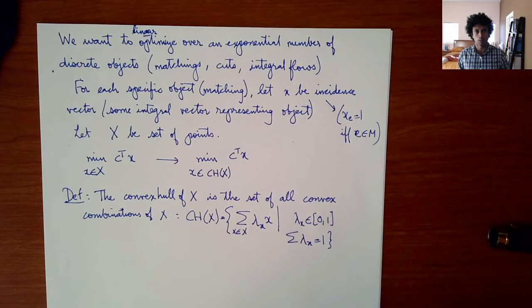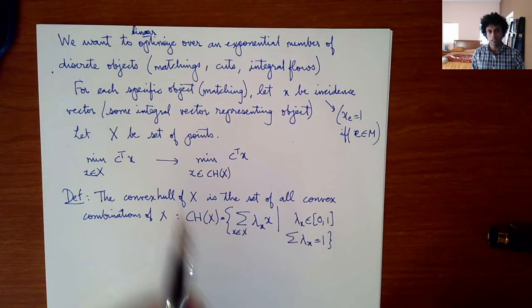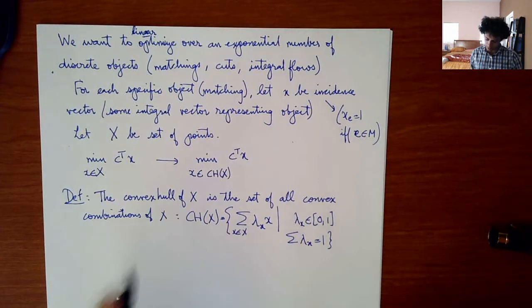This is a convex combination. Think of it like a distribution: the convex hull is the set of all such distributions over points.